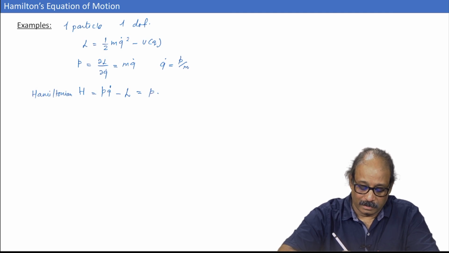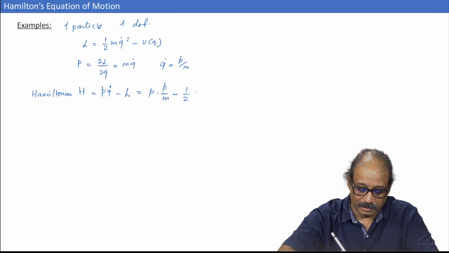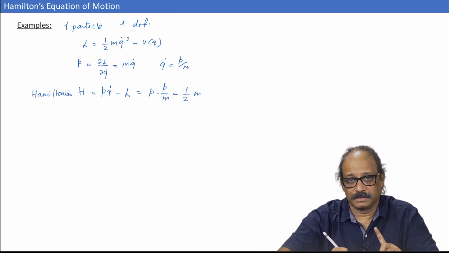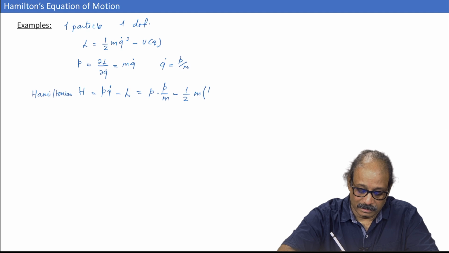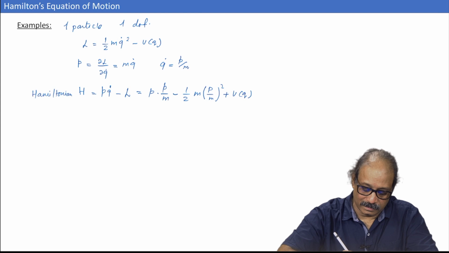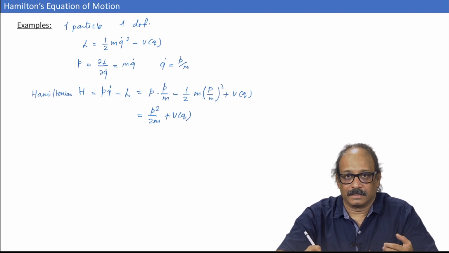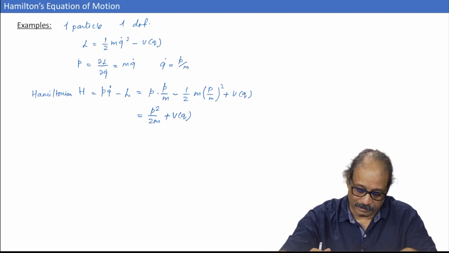This is p, there is a q dot which is p by m, minus the Lagrangian, which is half m, I will substitute q dot, so that is p by m whole square, plus u of q, and it simplifies very easily to p square by 2m plus u of q. In this case, of course, this will also represent the total energy of the system.